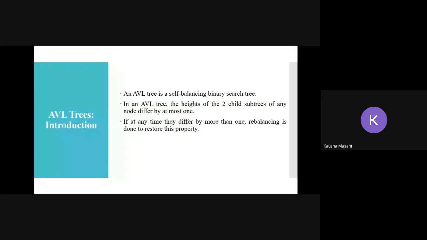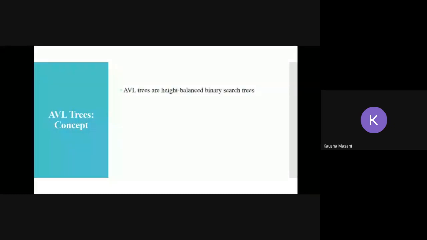So, what is the concept of this AVL tree? I told you: height balanced binary search tree, balance factor of the given node. You have to calculate height of your left subtree minus height of your right subtree.